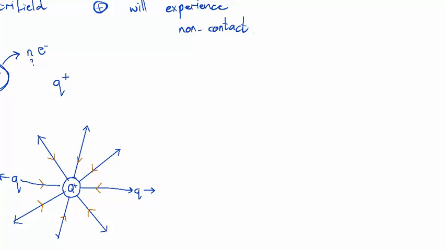Now imagine I have two charges: one charge here, which is a positive charge, and one charge here, which is a negative charge. Now imagine I put a positive charge here in the middle. What will happen?